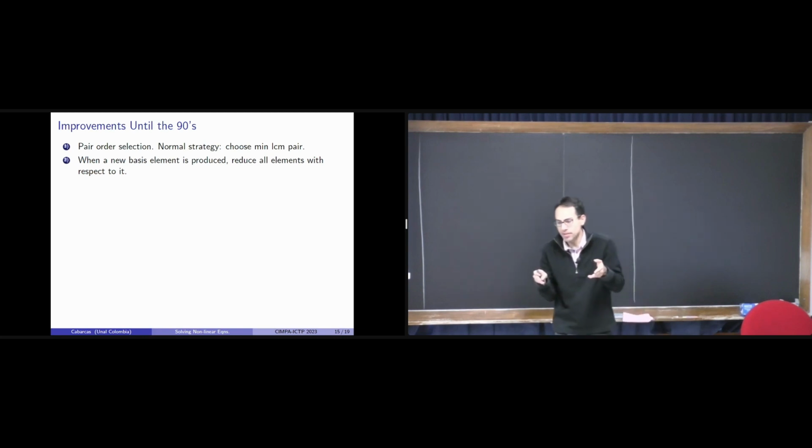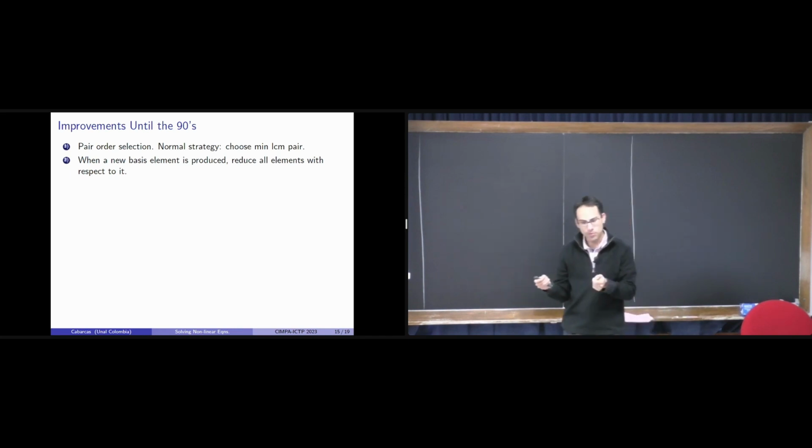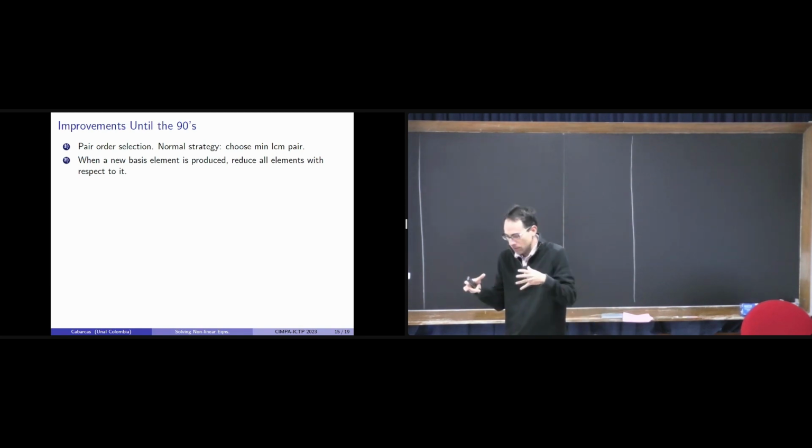It may happen that you get a very small leading term that reduces many of the polynomials that are already in the basis, and the basis quickly gets smaller, and you have to consider fewer pairs. So doing this is also useful, and it leads to important improvements.